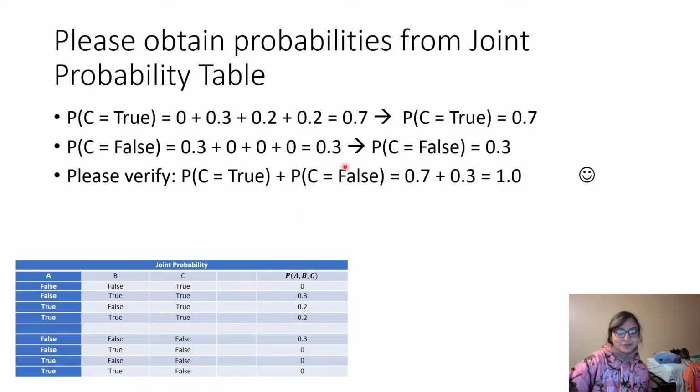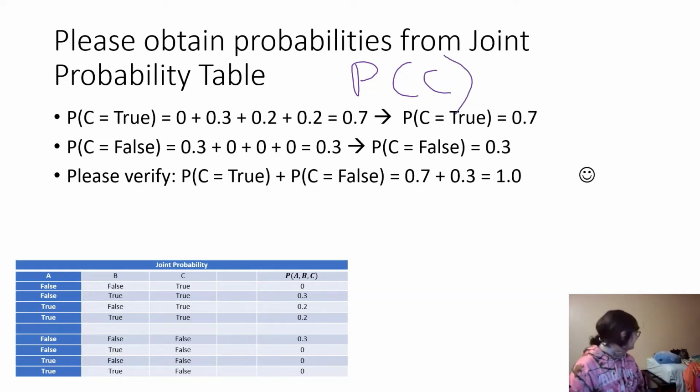So then we need to obtain the probabilities from the joint probability table. What we're going to first focus on is the probability of C values that we need, because as you can see, pun intended, we do use C a lot. So we need to find the probability that C is true. You can see from this joint probability table that I've pieced together, I have the C values here and then the true and false values here.